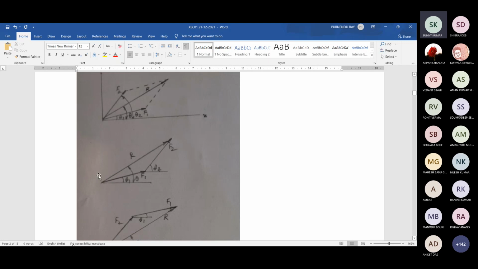So in that case, if we want to find out that condition of equilibrium, when F1 and F2 are given, what is the third force for which the system will be under equilibrium, then the force corresponding to this line, normally it is called equilibrant. In the straightforward case, it is resultant. For equilibrium case, when resultant force is 0, then this third force, normally it is called equilibrant, that is required to bring the system in equilibrium when two forces are acting, given by F1 and F2.